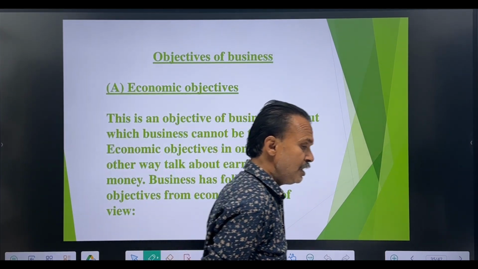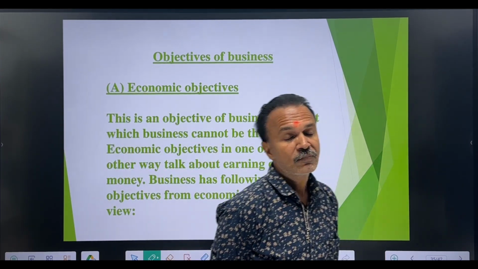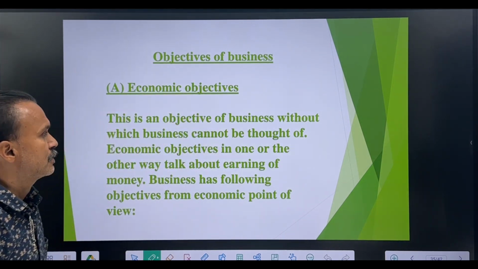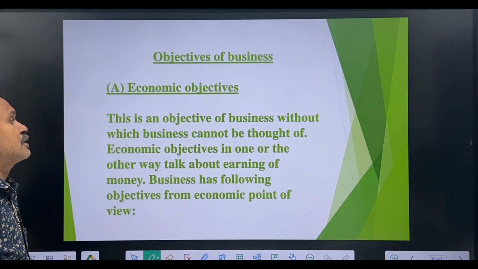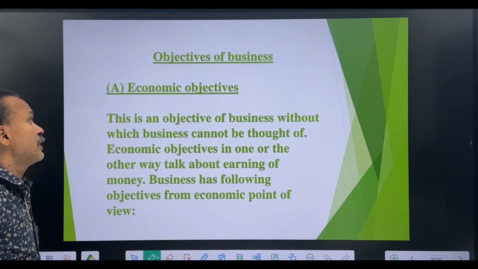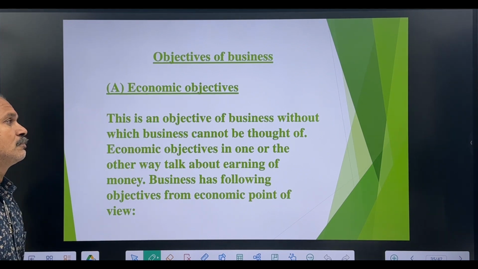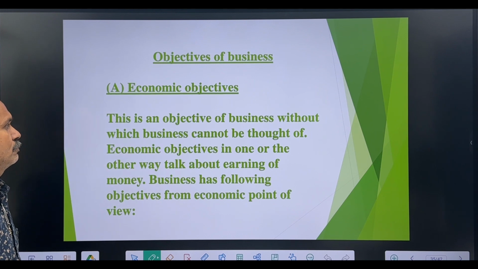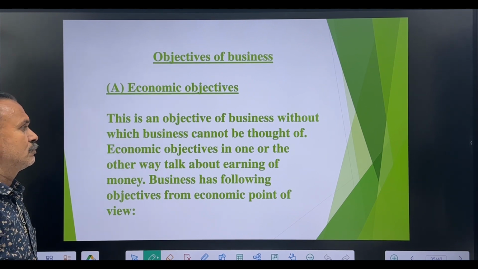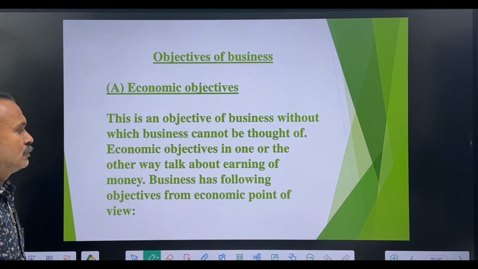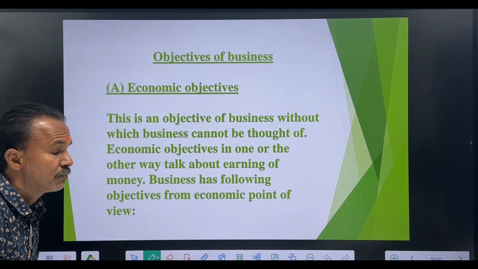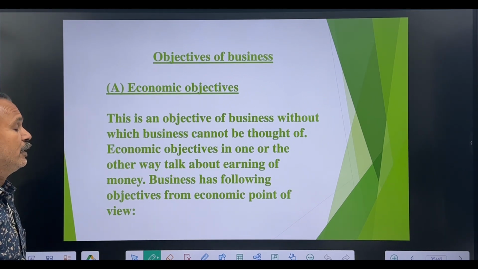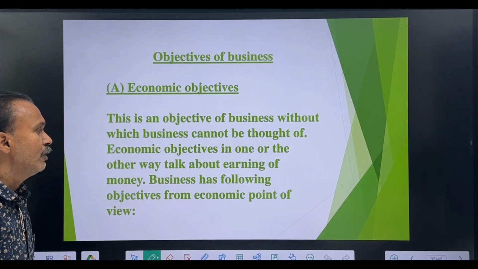First, economic objective. Economic objective is related with the owner of the business, because business without profit cannot be done for a long period.